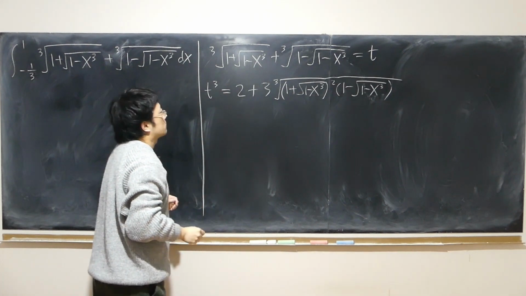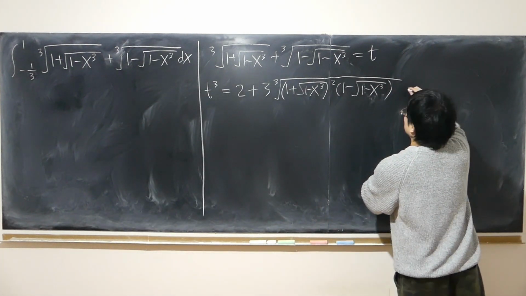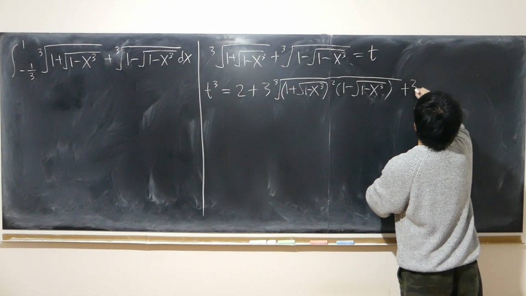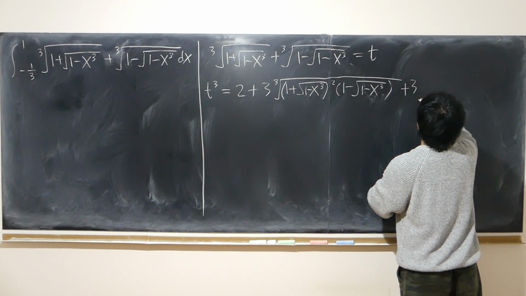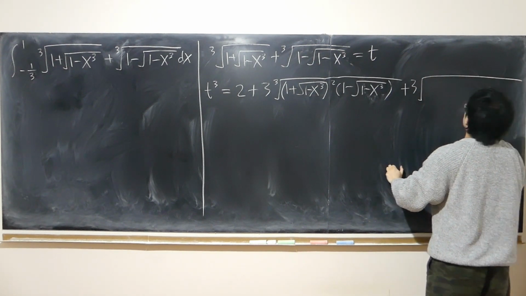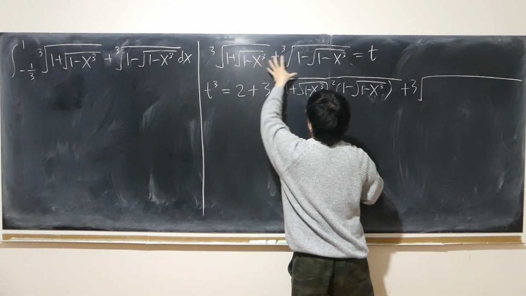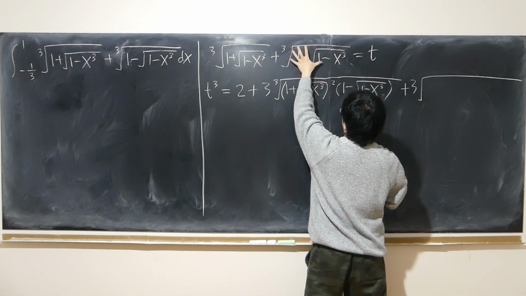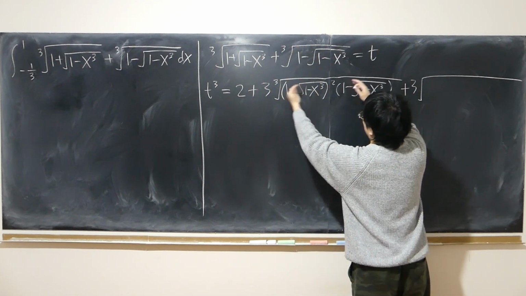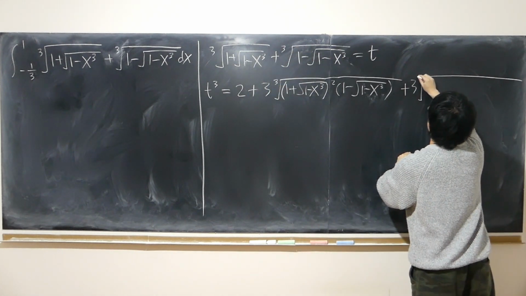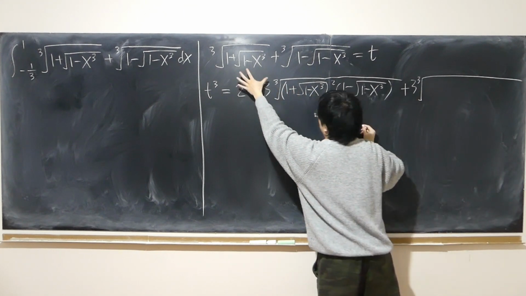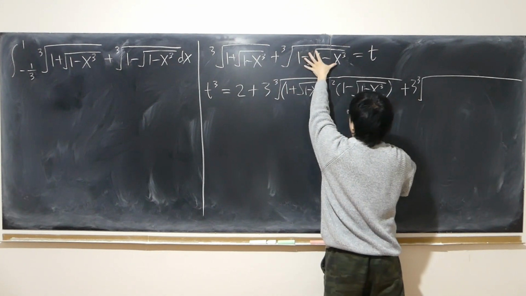Likewise, I just add 3 times the same strategy, so this times this square. Likewise, they both have cubic roots, so altogether cubic roots, except this times this square.